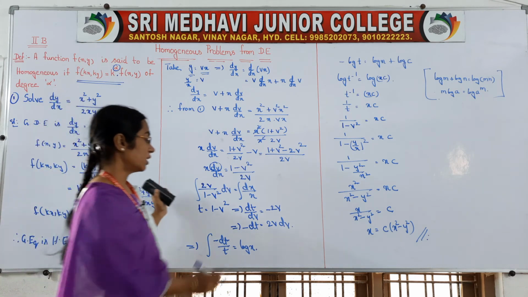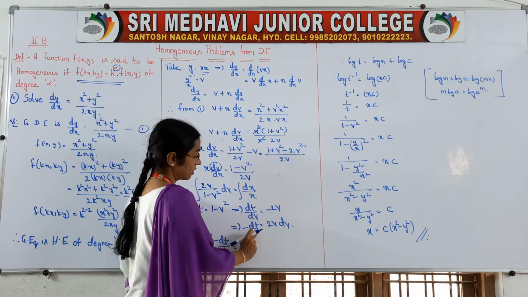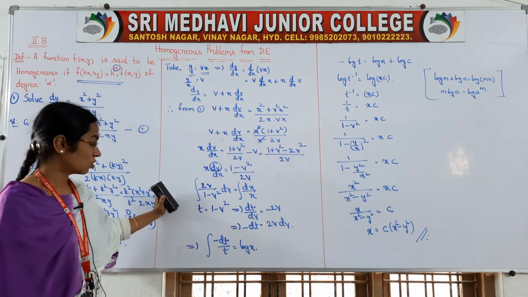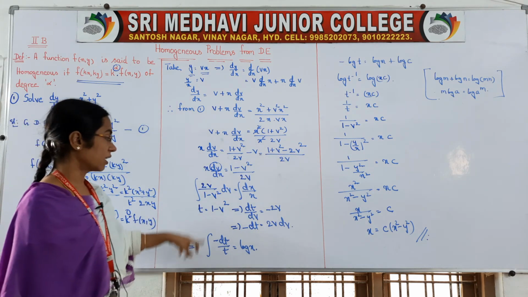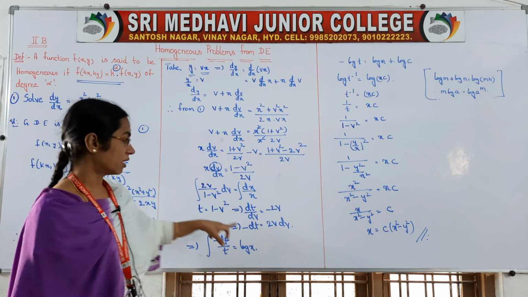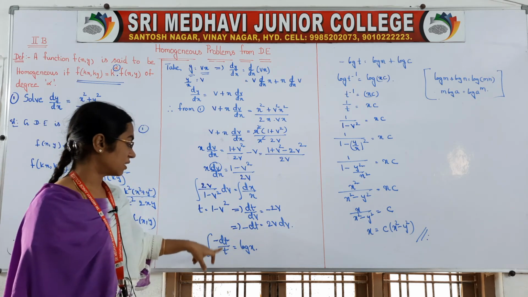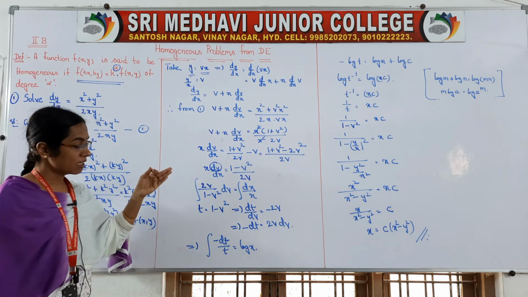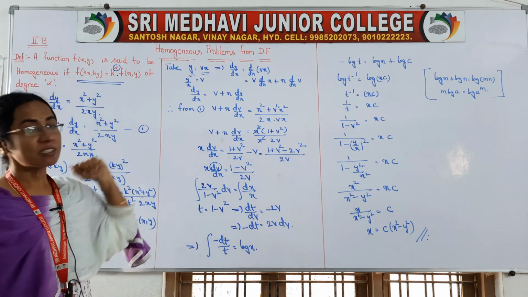Then you take the minus sign, minus dt is equal to 2v dv. Therefore it is the integral of 2v dv, in place of which is minus dt by t, is equal to log x. So minus of integral dt by t is log t.